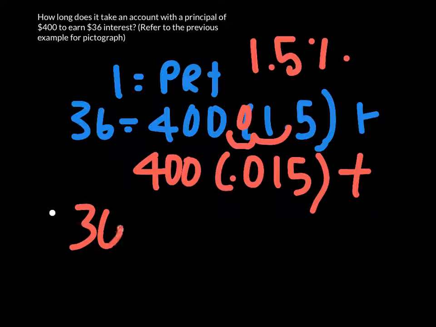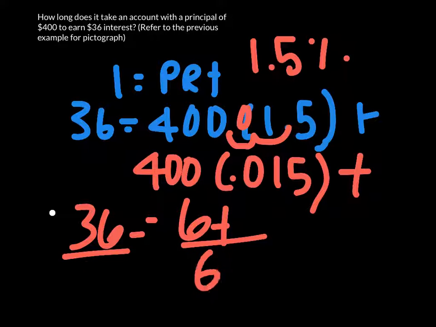So 36 equals now 6t, and 36 divided by 6, t equals 6. So in about 6 years, you'll earn $36 in interest with 1.5% rate. So it's actually not very good, I don't think.